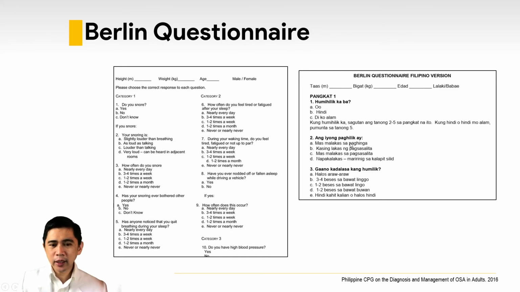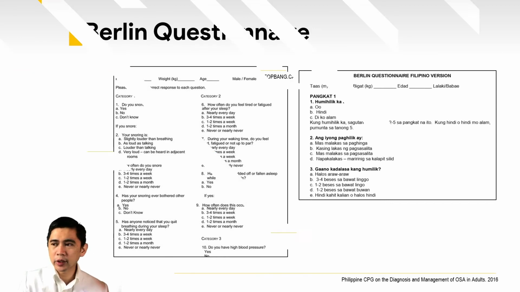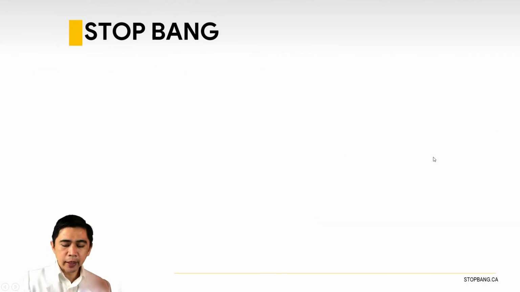Ang iyong paghilik ay mas malakas sa paghinga, kasing lakas sa pagsasalita, mas malakas sa pagsasalita, etc. Gaano ka kadalas humilik? And so on. This questionnaire will predict if the patient has a really high risk for OSA, along with the physical findings, of course.